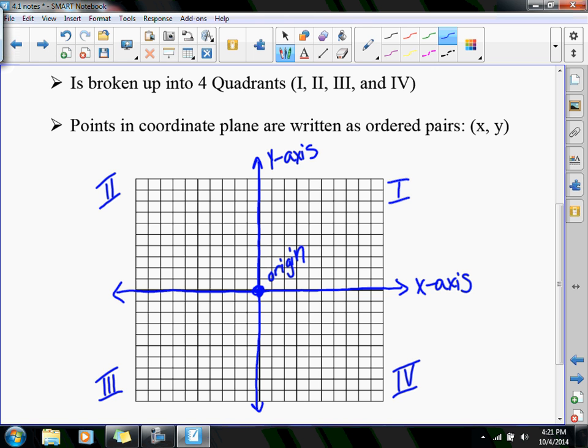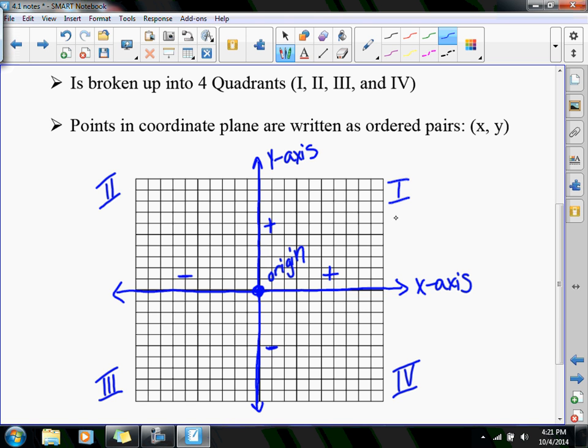So when you're on your x-axis, if you start at your origin and you move to the right, you're actually dealing with positive numbers. You get more positive as you go further to the right. Or if you're on your x-axis and you're going to the left, those are your negative values. If you're on your y-axis and you're going up the y-axis from the origin, those are the positive values there. Or if you're at the origin and you go down the y-axis, then these are the negative values down here.